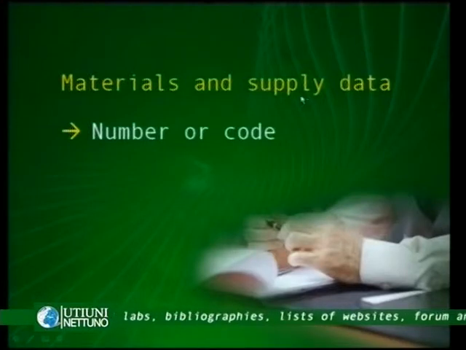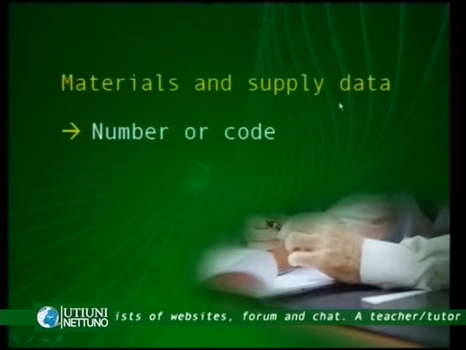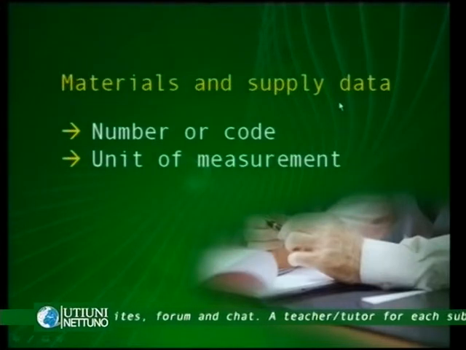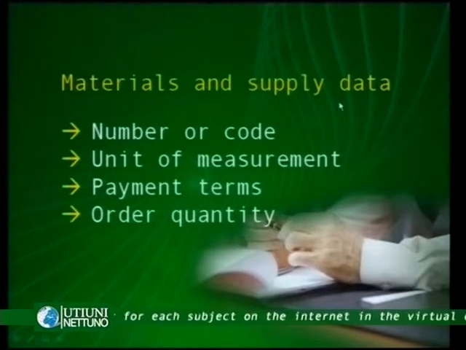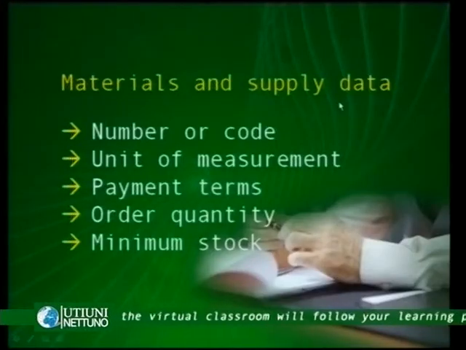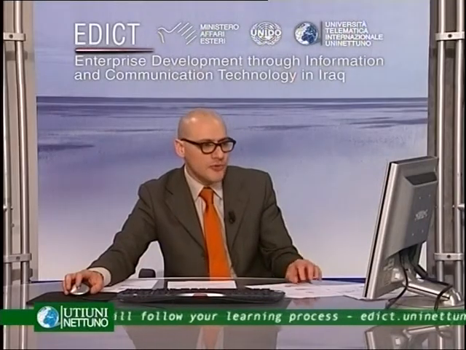So we should collect some data about materials and supply, such as number of code, unit of measurement, payment terms, the order quantity to be fixed by the company which is carrying out the project, the minimum stock of such materials which is fixed by the company with the aim of securing the production process.